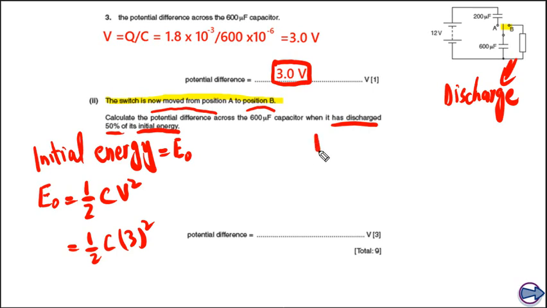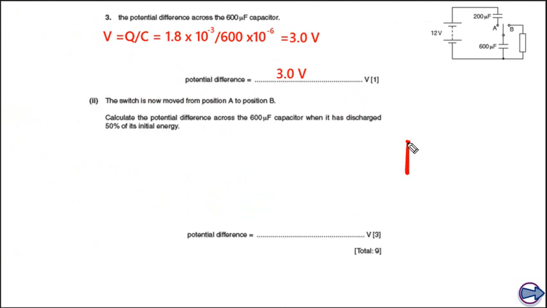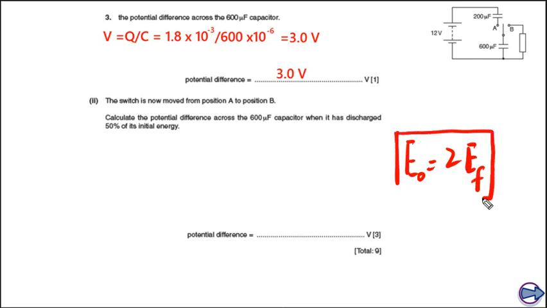Now the final energy is half of the initial. We can say E final is equal to E naught by 2. We can also say that E naught is equal to 2 times E final. This is our main result, and the rest is just plugging in numbers.